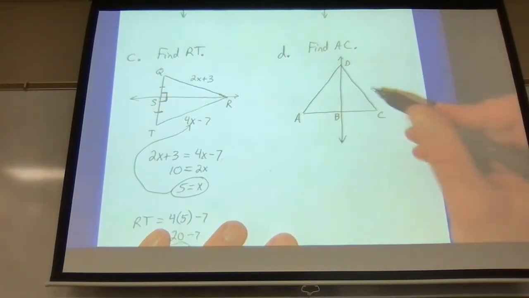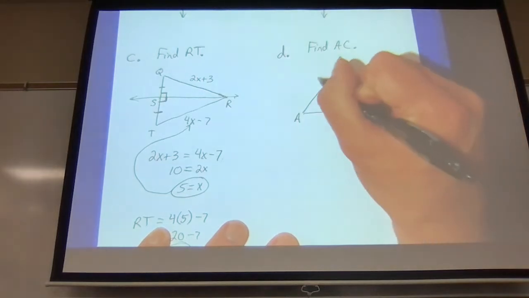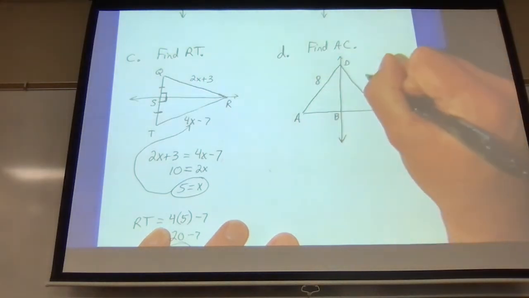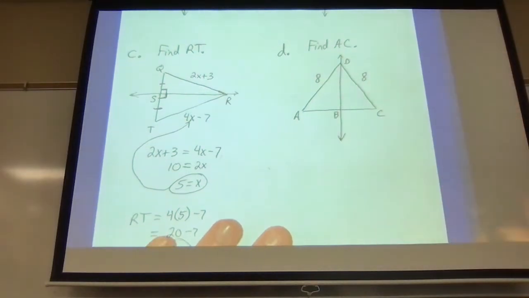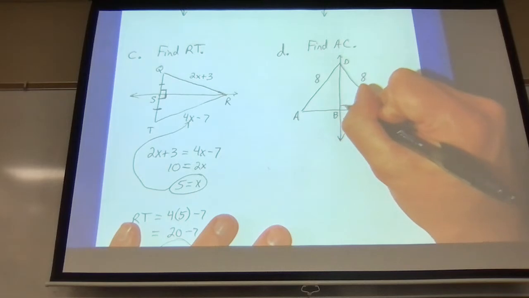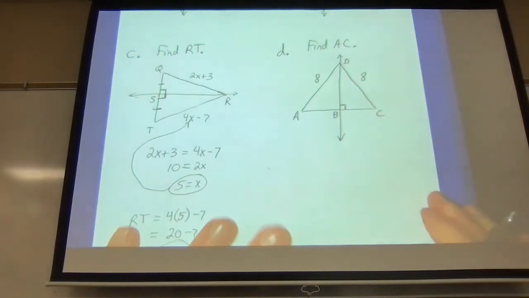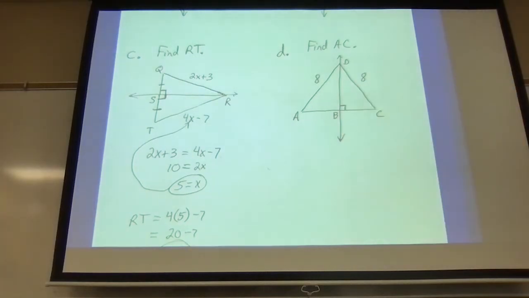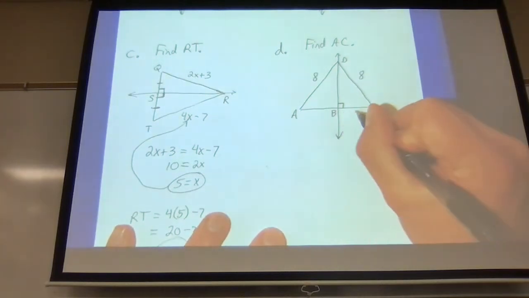And this time around, we're going to kind of do this one backwards. AD is going to be 8, and DC is going to be 8. And we're going to get a right angle down here at point B. And the other thing they're going to give us is that BC is 2.